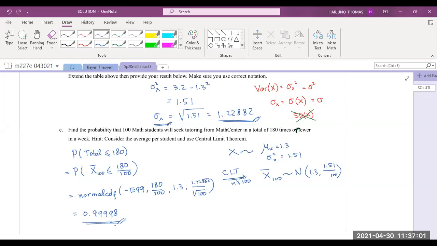So imagine if one student, every time a math student goes to the math center and requests tutoring, let's say they will get a 1 hour time slot. Then what is the probability that these 100 students will require at most 180 hours? And the probability will be almost 1, that they will need at most 180 hours.